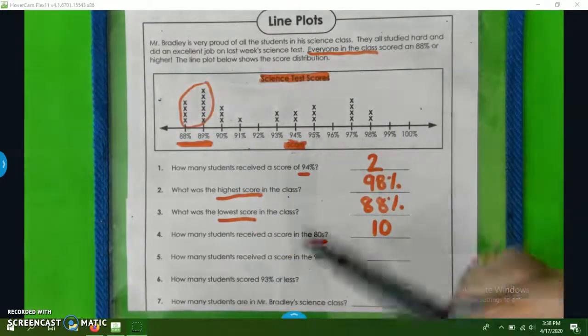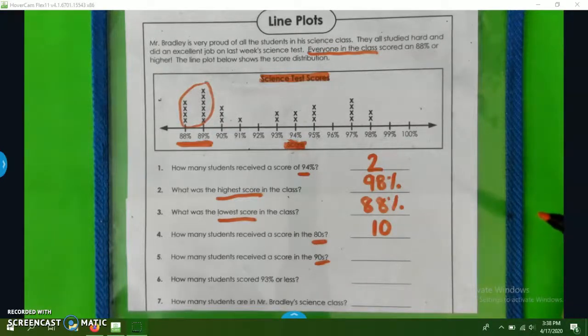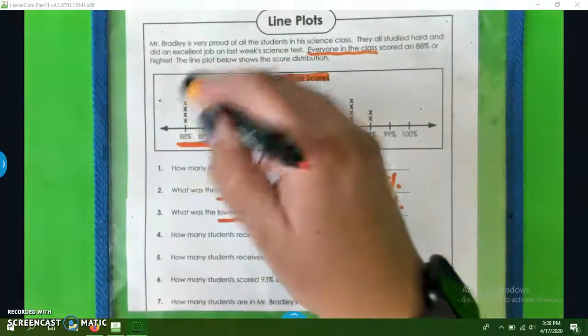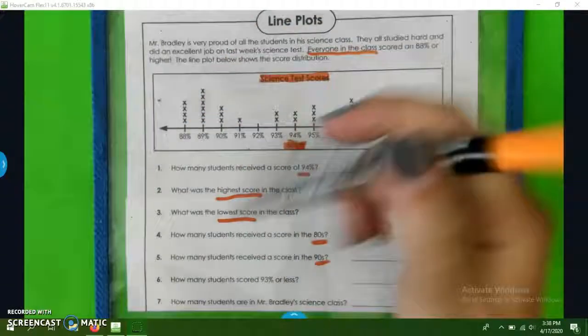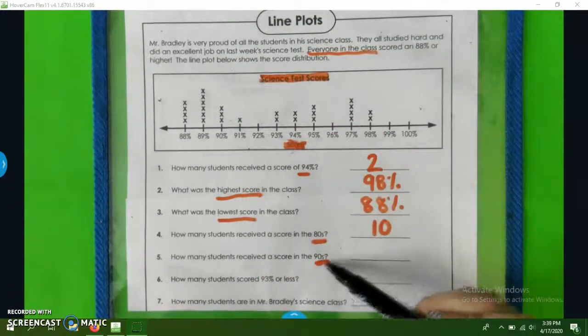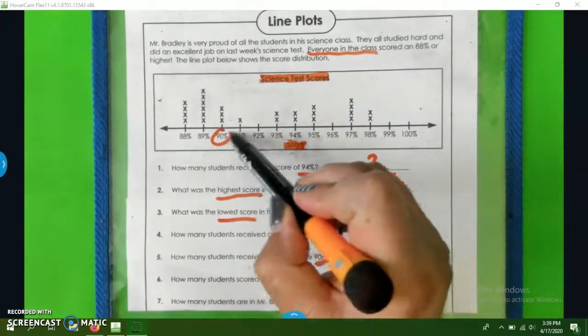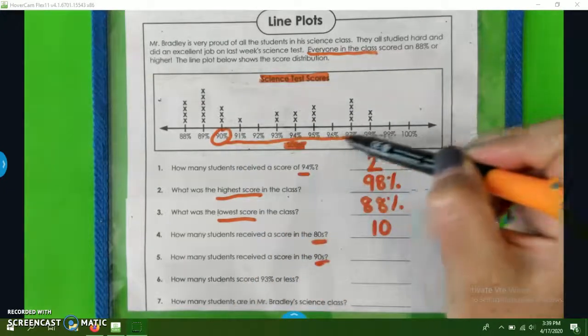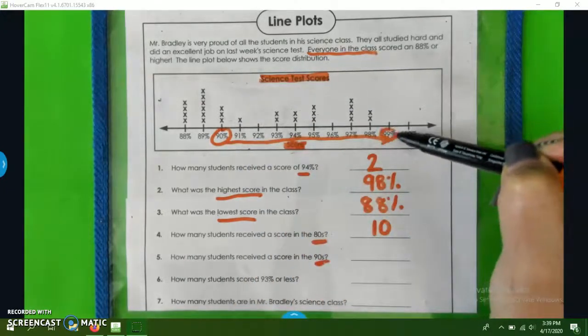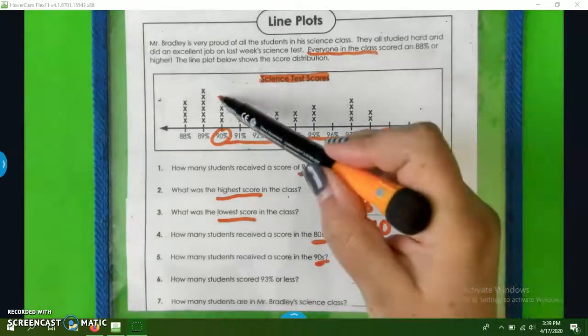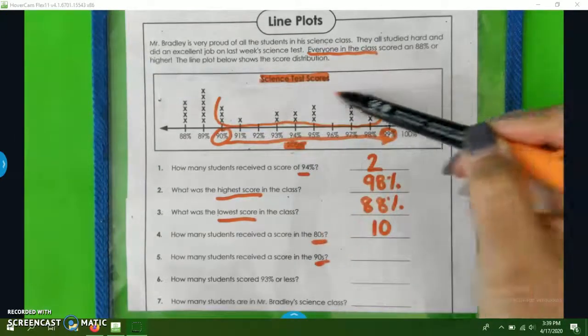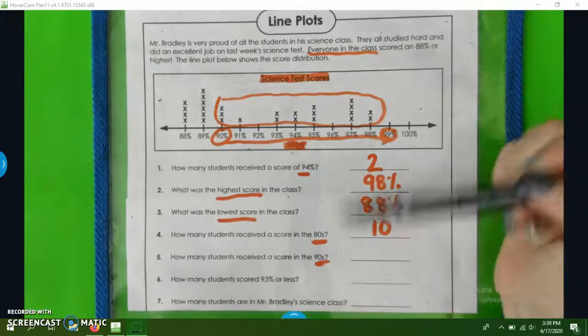How many students received a score in the 90s? So for this one, we're not going to include our 80s kids. We're going to look at scores in the 90s, which would be from here all the way down to 99. So we're going to be looking at all of these students and counting up how many of them scored in the 90s.